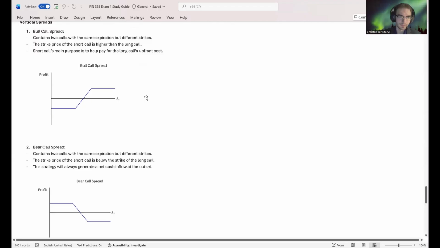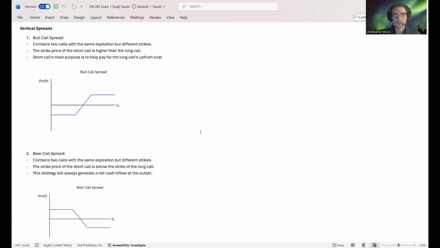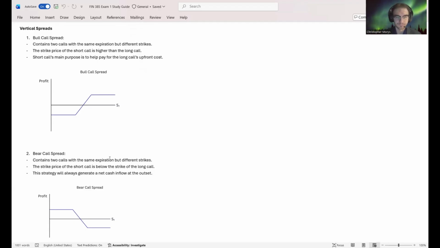Before I move on any further, bull and bear are two terms that you should understand. If you're bullish, that means you're confident in the market price going up, and if you're bearish, you are under the impression that the market price will drop.